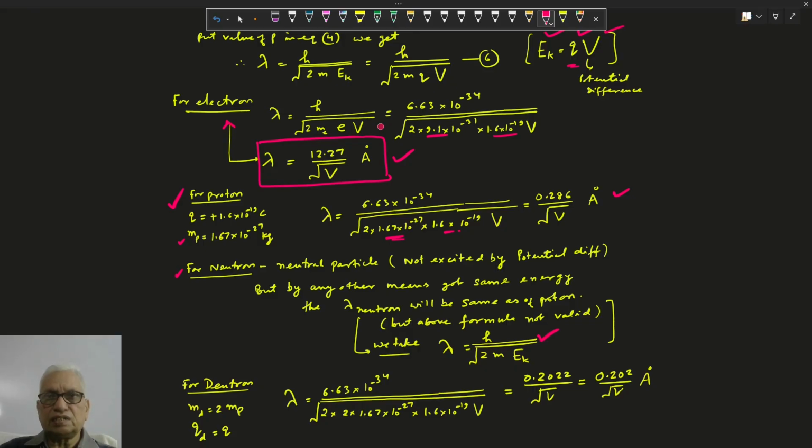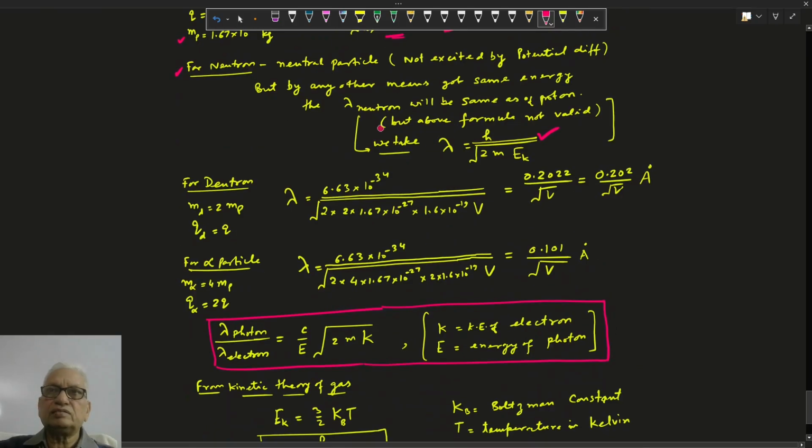K is the kinetic energy of the neutron, although not accelerated by the potential difference. For deuteron, the mass of deuteron, charge of deuteron, putting these values, we get lambda for deuteron as 0.02 upon under root v angstrom. For alpha particle, mass is 4 times that of proton, charge is 2 times the charge of proton. Putting these values, we get lambda for the alpha particle as 0.0101 upon under root v angstrom.